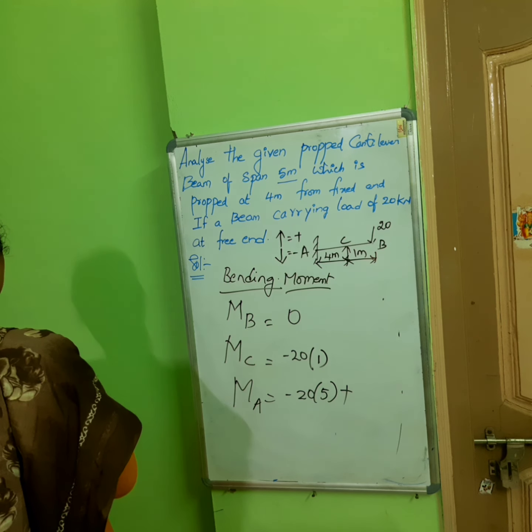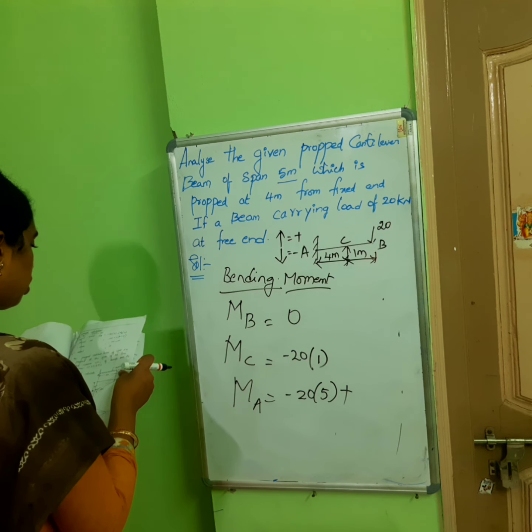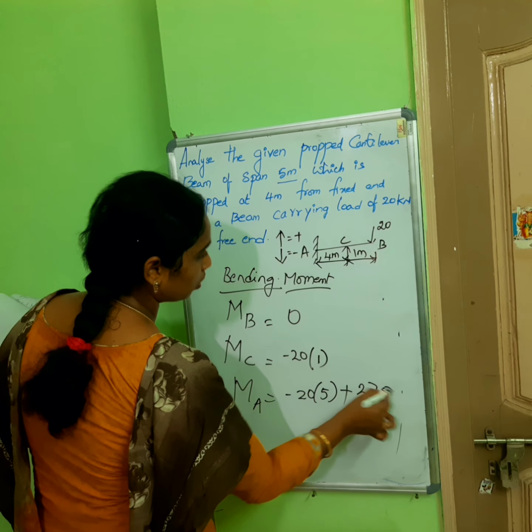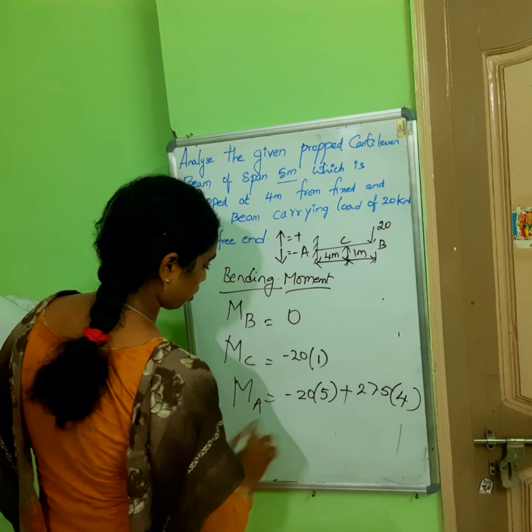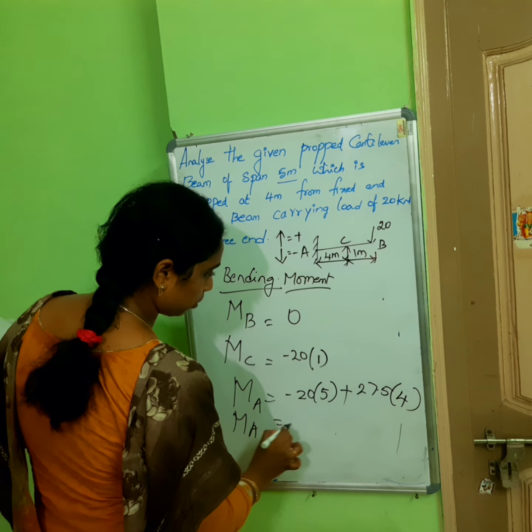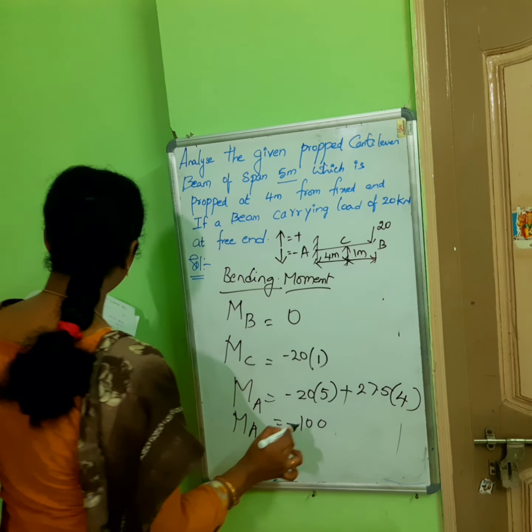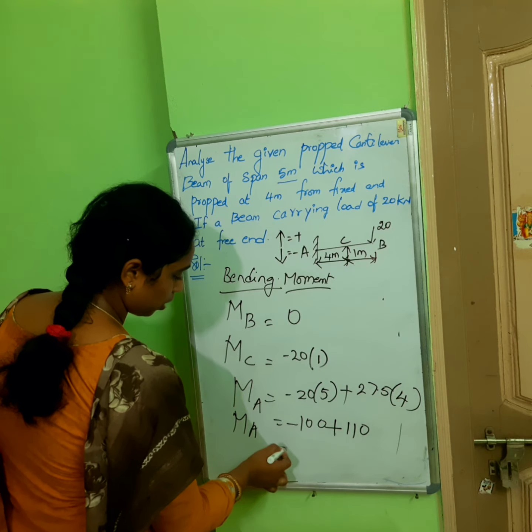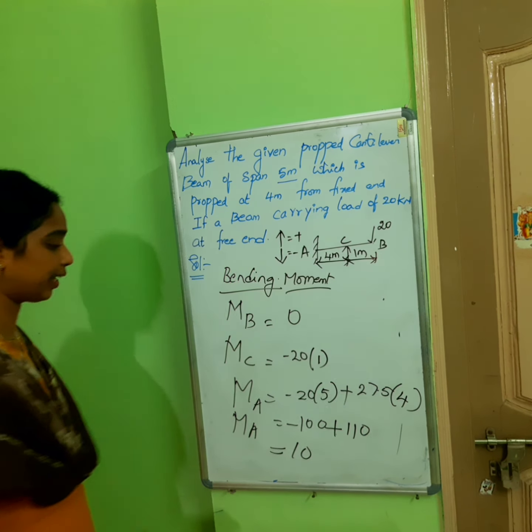RB value 27.5, so force into distance, 4. So MA is equal to minus 100 plus 110, so the moment at A is 10.